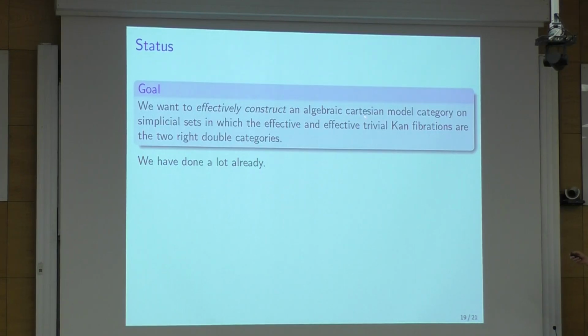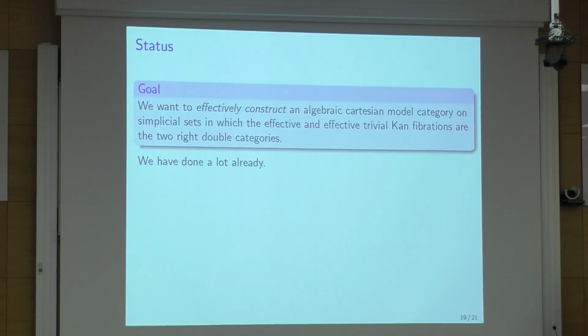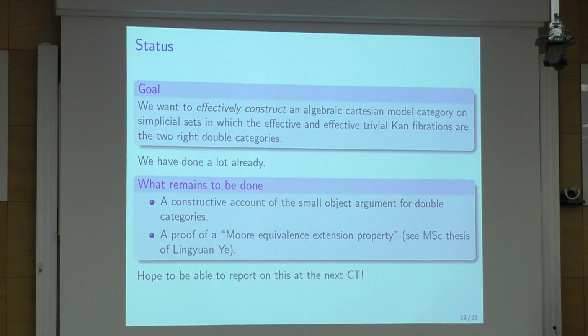So we want to construct an algebraic Cartesian model category on the simplicial sets in which the effective cofibrations are the fibrations and effective trivial cofibrations are the trivial fibrations. So there are two things left to do. One is we have to convince ourselves that in all cases of interest we have a constructive account of this small object argument which works for double categories, and I'm very confident that that's just a matter of sitting down and doing it.